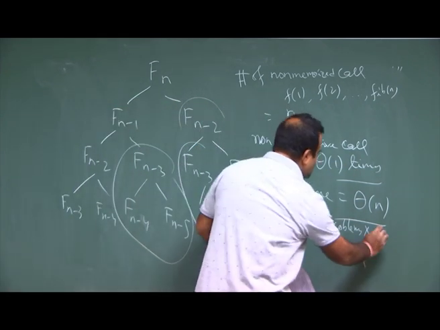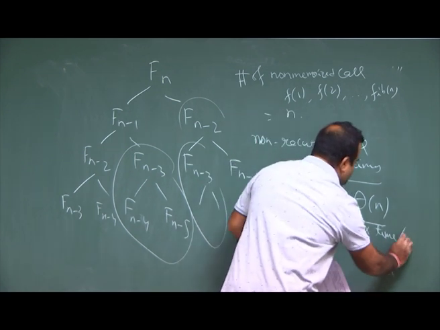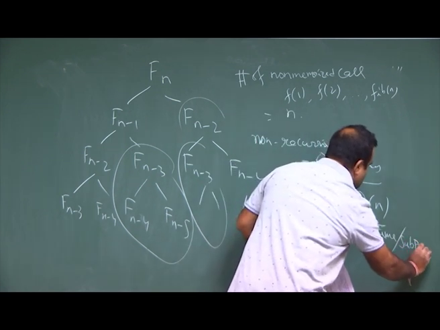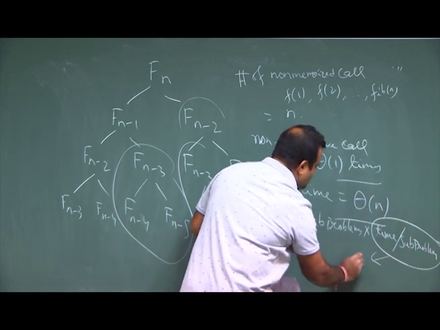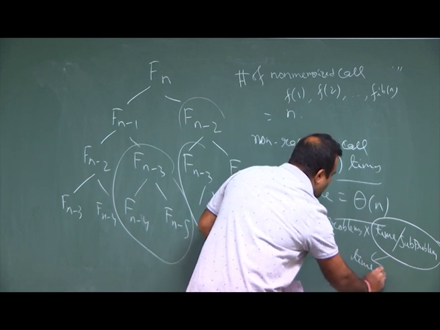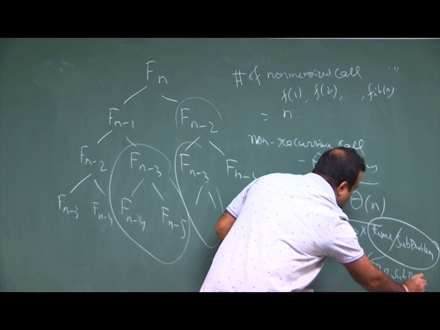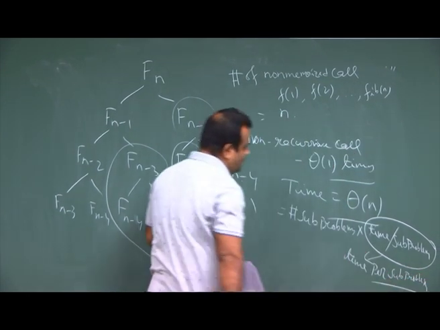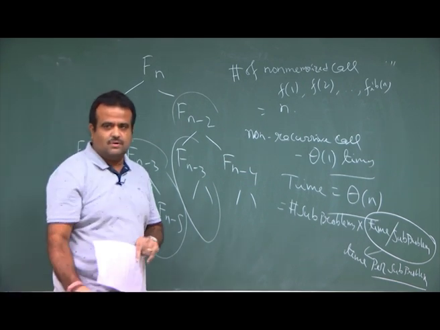So, this is basically time per sub problem, and time per sub problem is theta of 1, because we are just looking at the table to get the value.